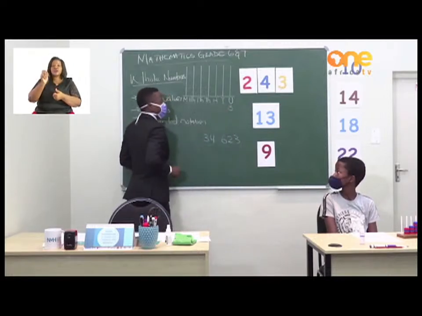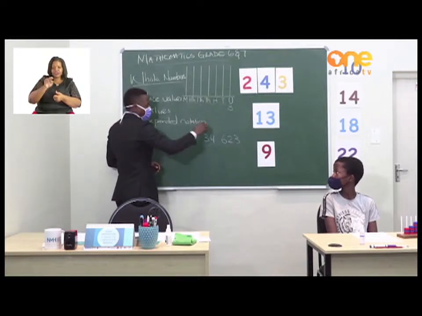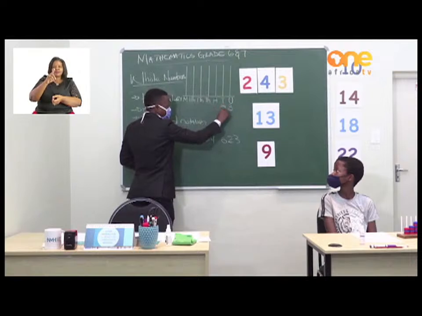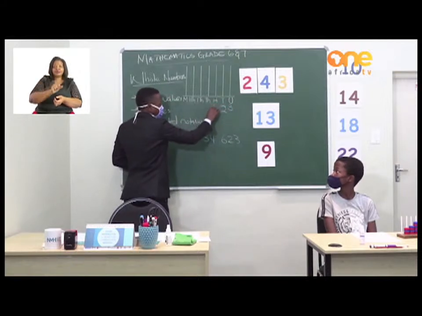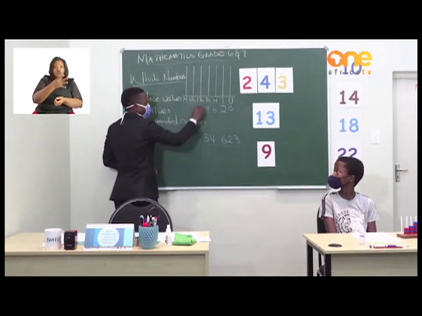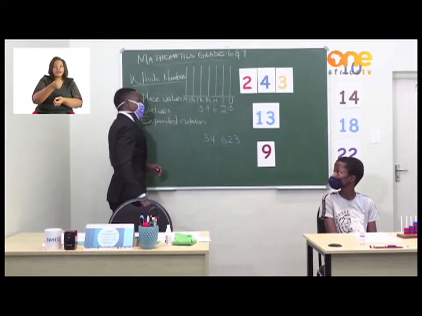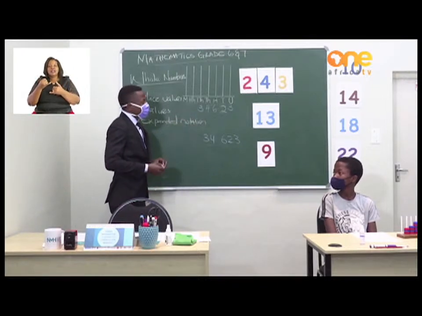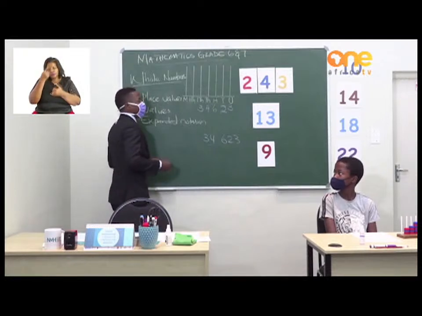Start always with a unit, 3. You go to the tens, the number that represents tens, which is a 2. We have a 6, we have a 4, and we have a 3. In that manner, you will be able to know what you can circle per place value.